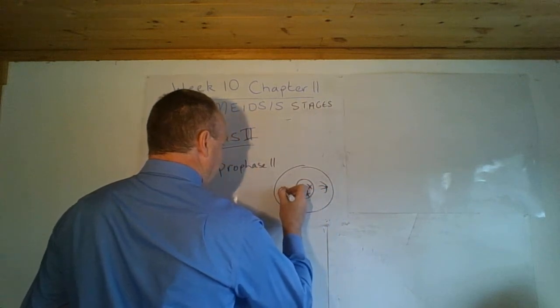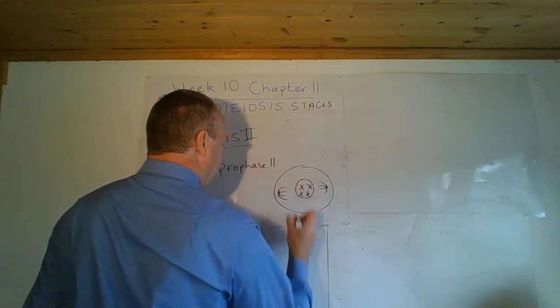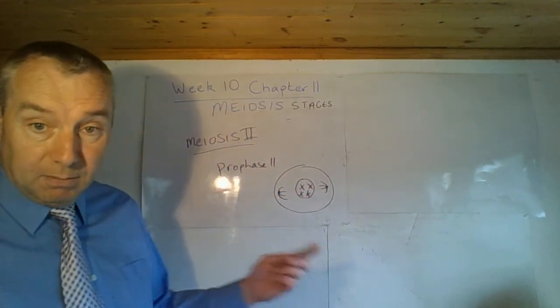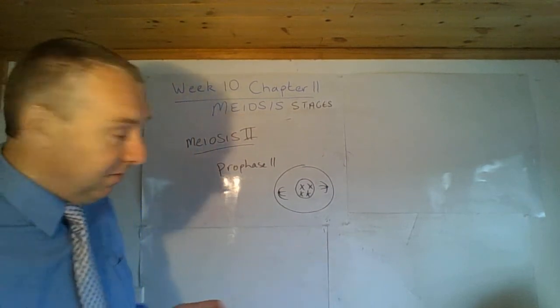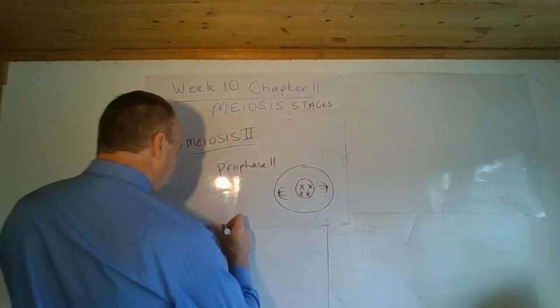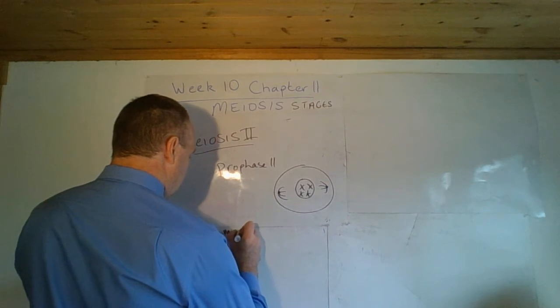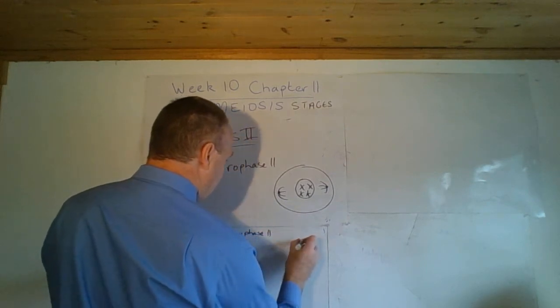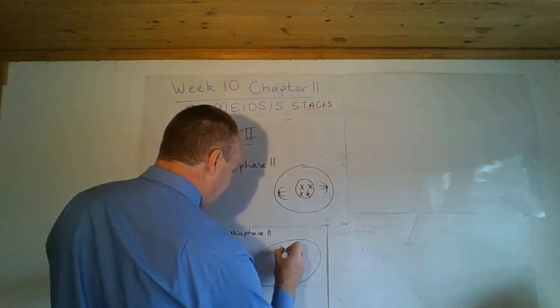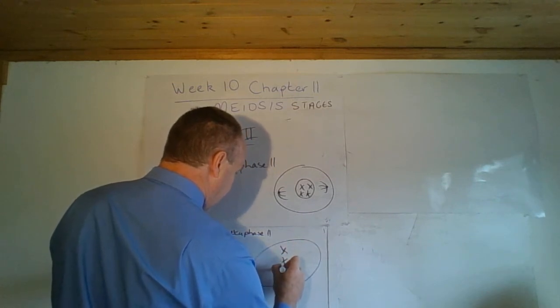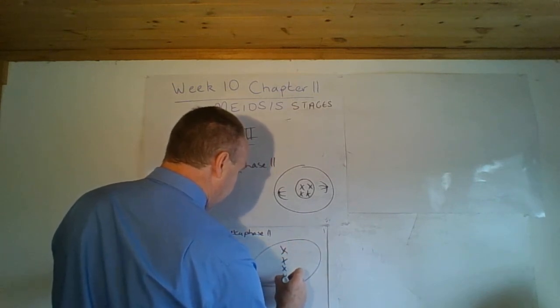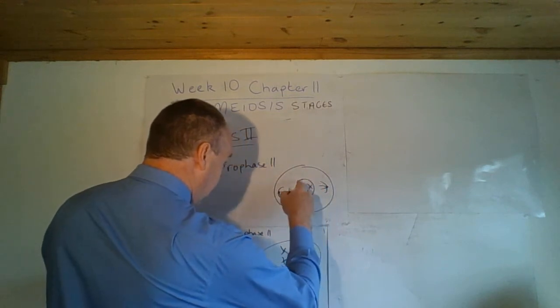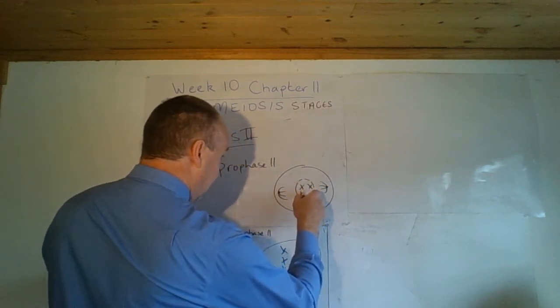And the reason why I say it looks a lot like mitosis is because these spindle fibers, when we get to metaphase 2, line up in a single line right down the middle of the cell after the nuclear membrane has disappeared, like we would expect to see in the prophase.